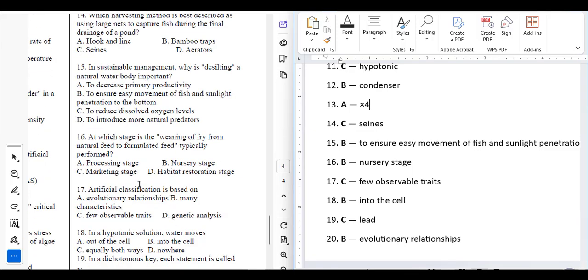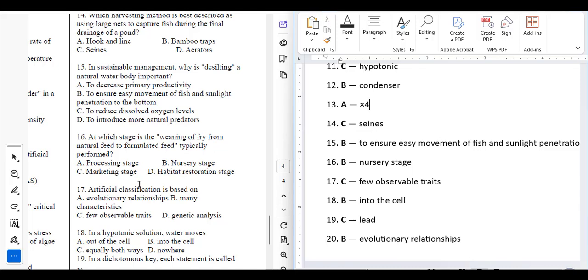In sustainable management, why is desilting a natural water body important? Let me take it again. In sustainable management, why is desilting a natural water body important? So A, to decrease primary productivity.